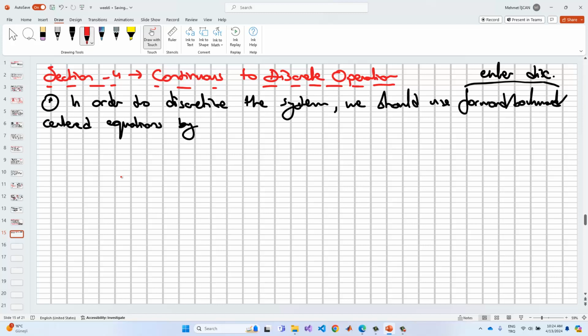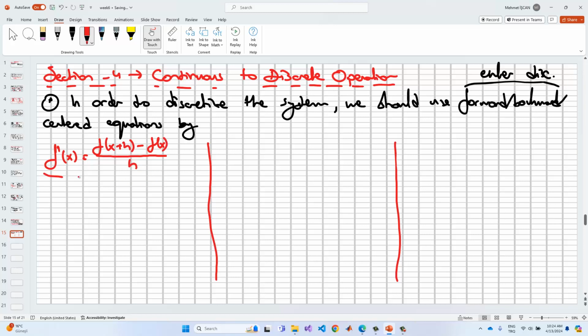In order to do that, we need to split the area like this, and so we can write the derivative terms. The first derivative can be simplified as f(x plus h) minus f(x), divided by h.